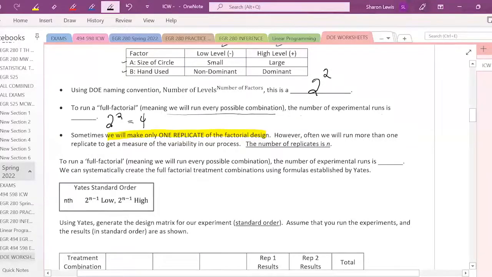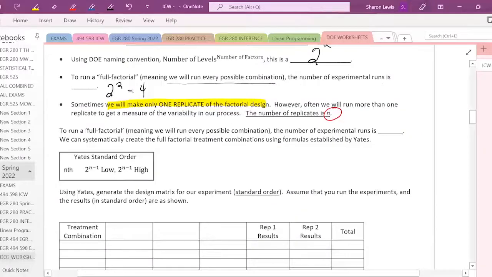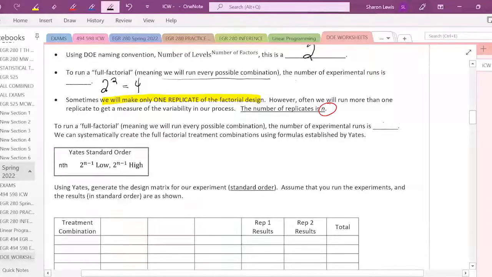The number of times that we repeat our experiment is n, the number of replicates. So to run a full factorial, the number of experimental runs, in this case, is 4.